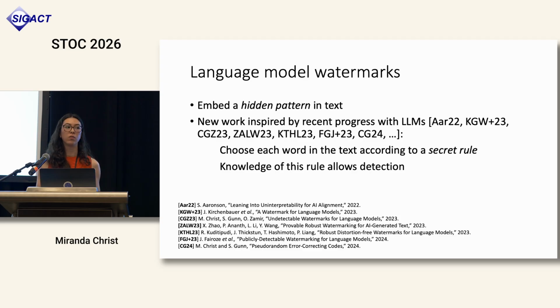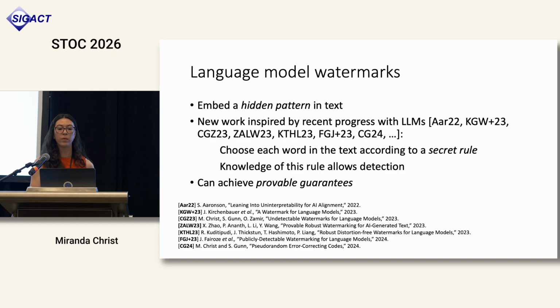If you know the secret rule, then you can detect the watermark just by looking for this pattern. There has been a quickly growing line of work that started with a watermarking scheme by Scott Aaronson and one by Kirchenbauer et al. in 2022 and 2023.